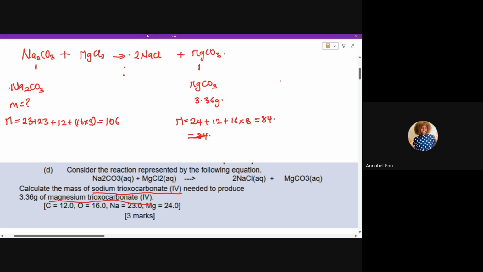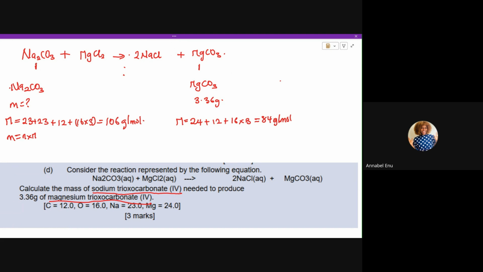There are actually two ways we can solve this, but in order to avoid confusion, let's do it this way. This here gives us our molar mass, which is in gram per mole, and this is also in gram per mole. We remember that mass is equal to number of mole times molar mass, based on the formula I gave you earlier. So for sodium tricarbonate we know our molar mass, but we don't know the number of mole.